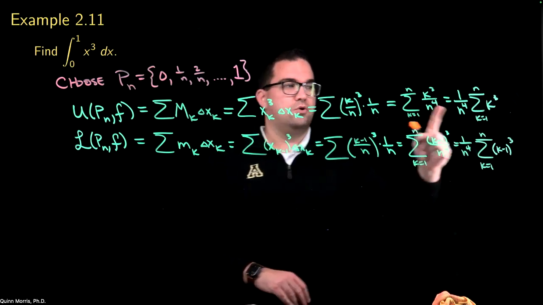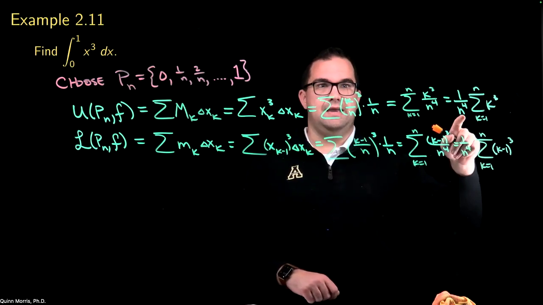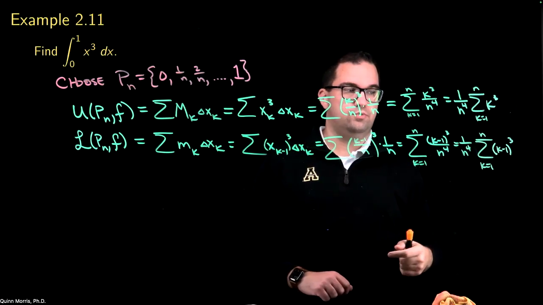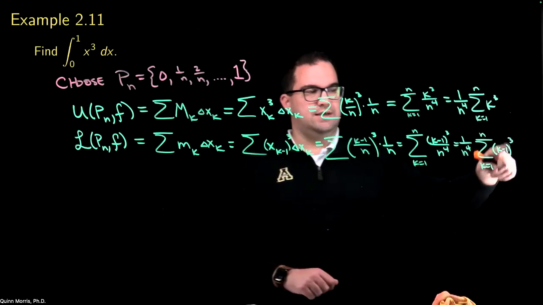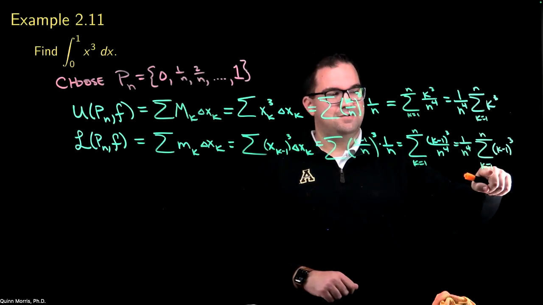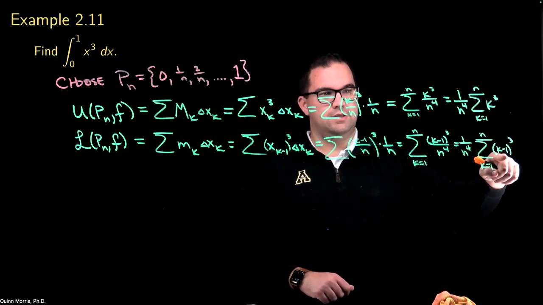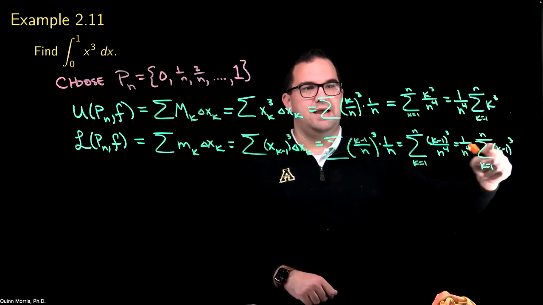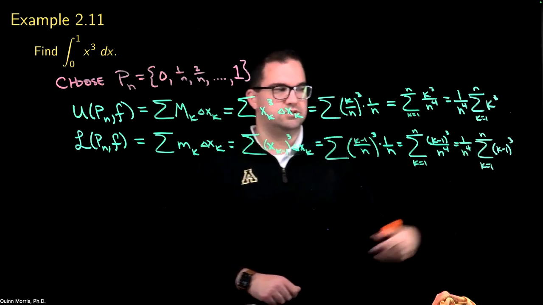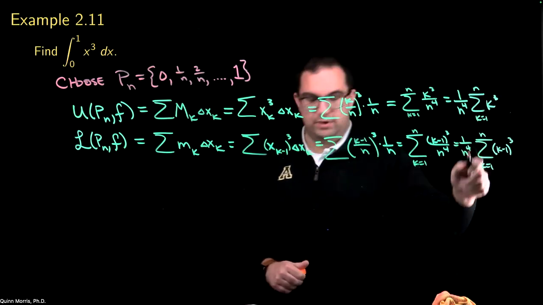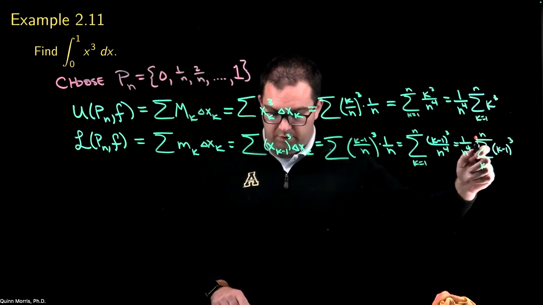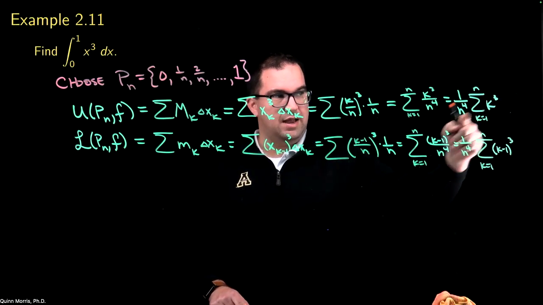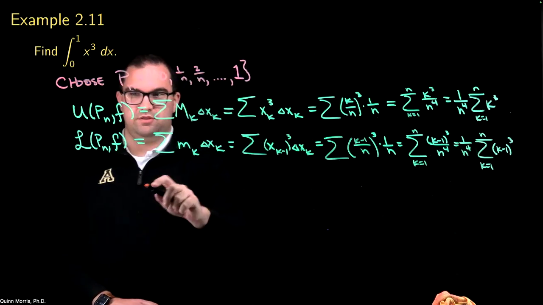So this is really 1 plus 8 plus 27, and so on, all the way until you get to n cubed. This is actually very similar because it's just shifted down by 1. So this would be 0 plus 1 plus 8 plus 27, and so on. Okay. But we can come up with an expression for each of these and then multiply by 1 over n to the fourth.